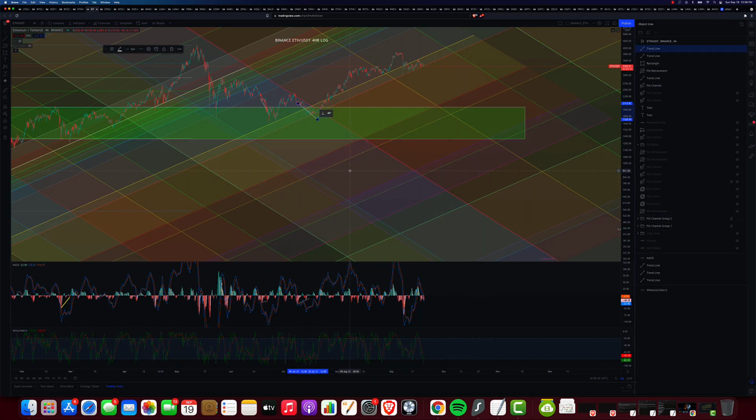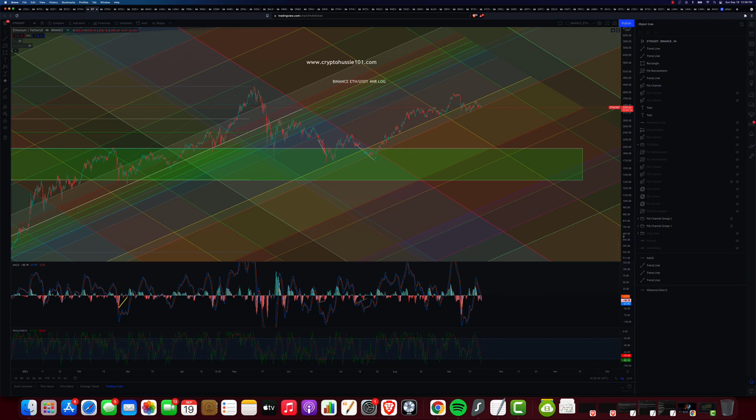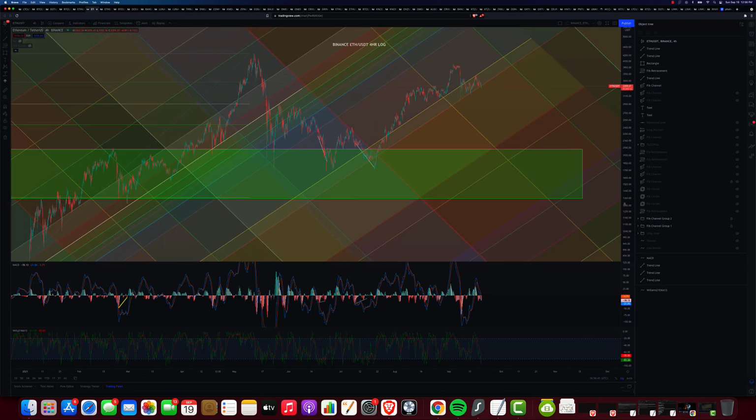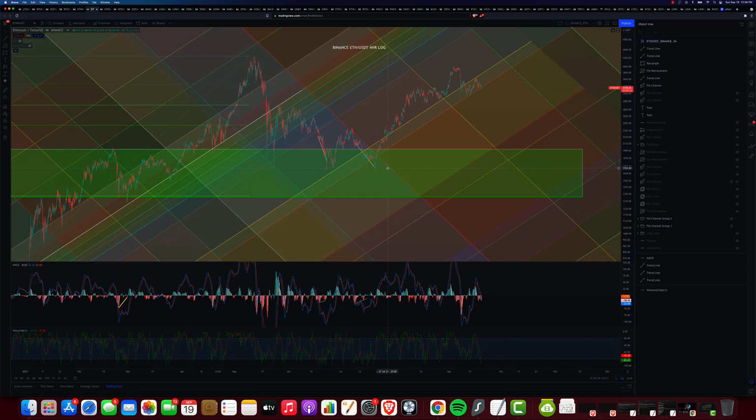And also, let's go ahead and make it to where you can see what I'm talking about. This right here is a double bottom, and that's bullish market structure. So I got location, I got momentum, and I got bullish market structure. So by my trading plan, I would have to let this confirm.